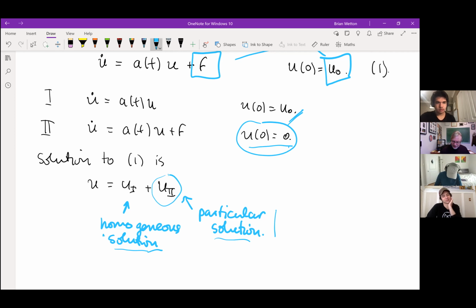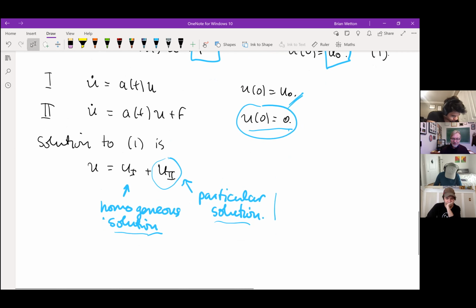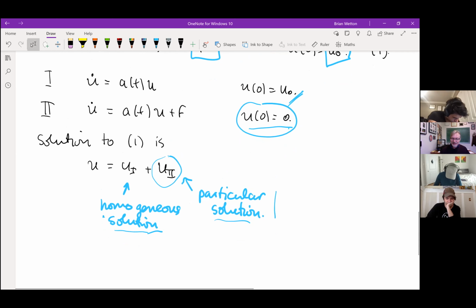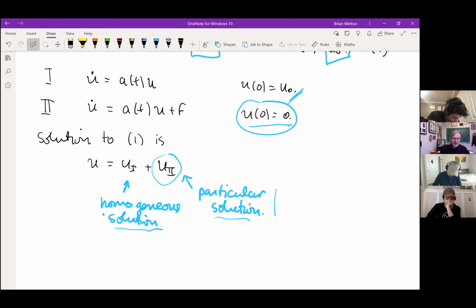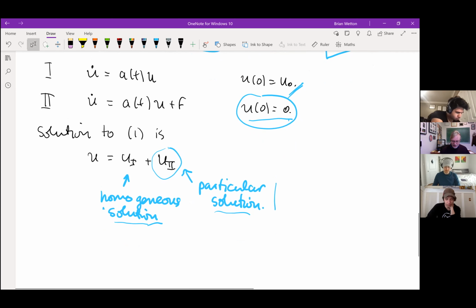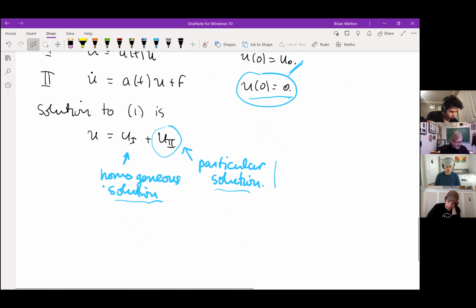So the solution process you had in the past would have divided up this problem a little bit differently, but it's not that much of a stretch to realize that this gives you definite functions u1 and u2 that satisfy the two problems separately.